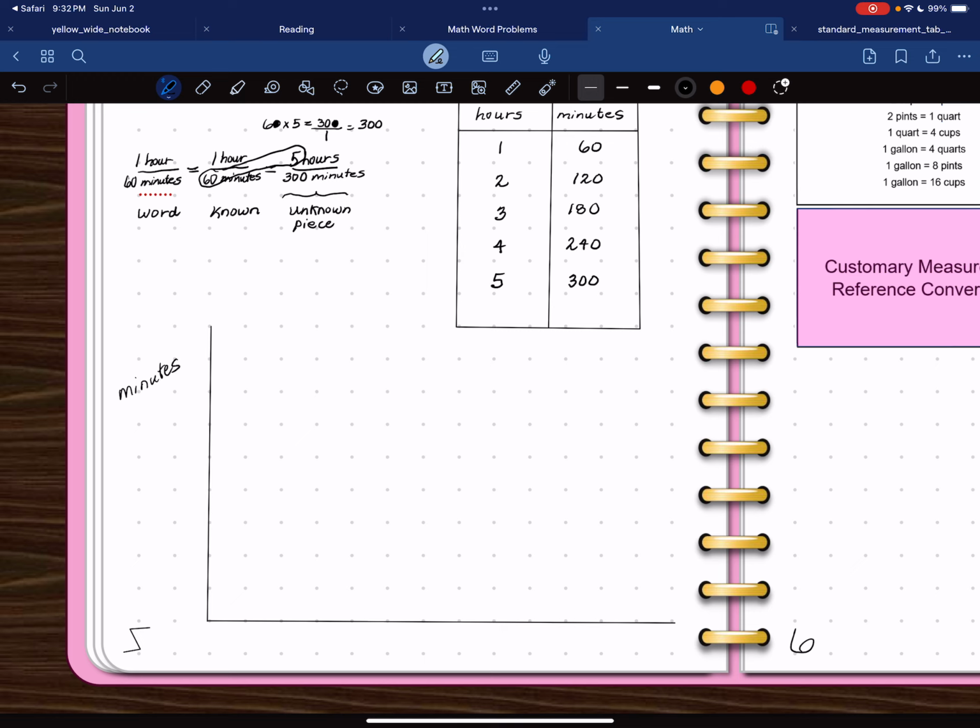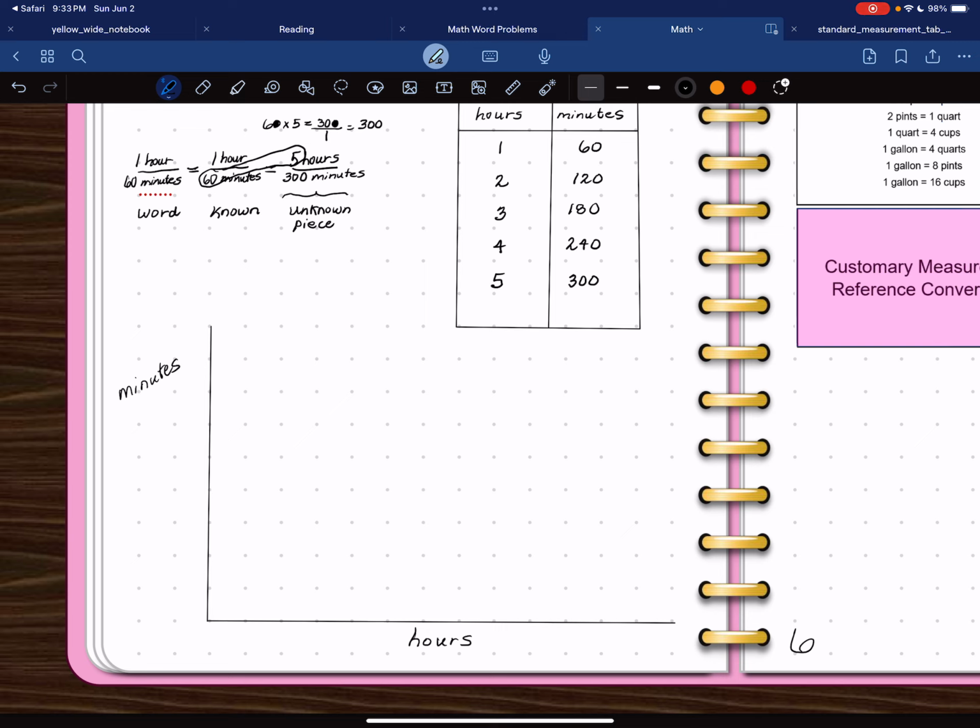On the x-axis, we are going to be plotting hours. You can even talk about dependent and independent variables here. That the number of minutes determines the number of hours, or vice versa, depending on how you graph this.